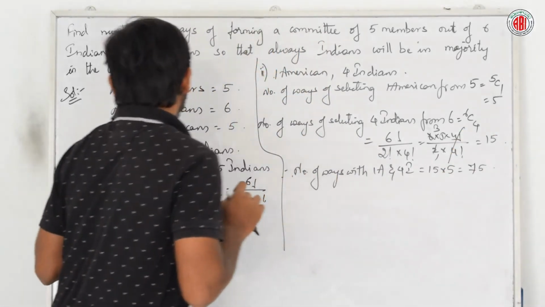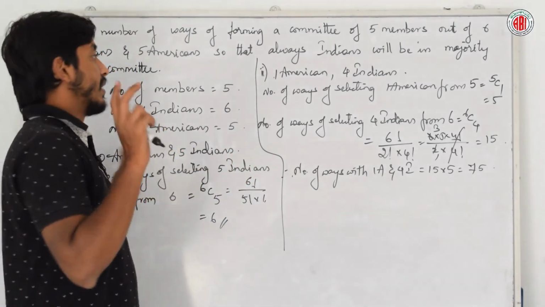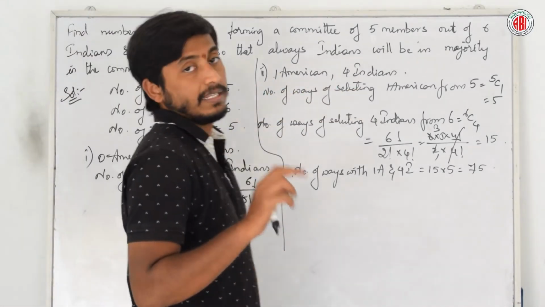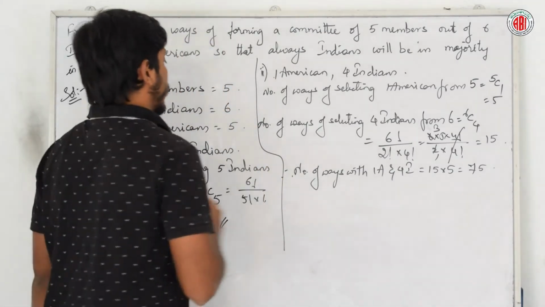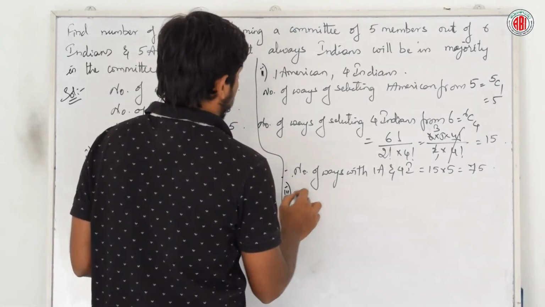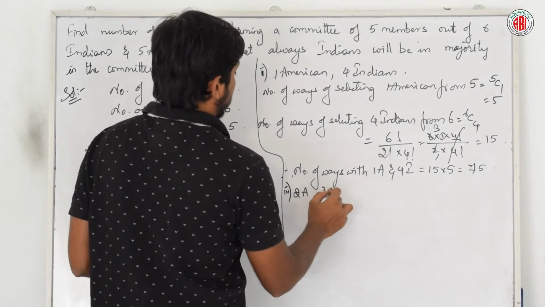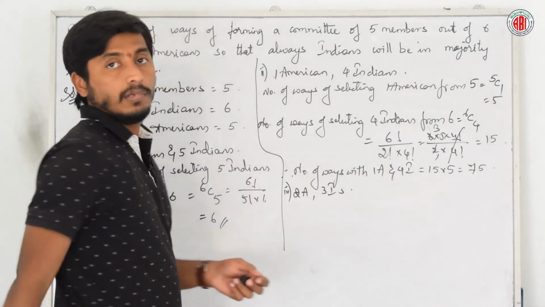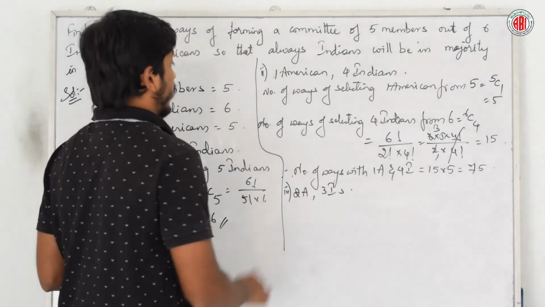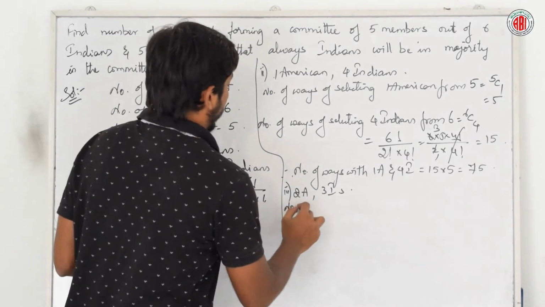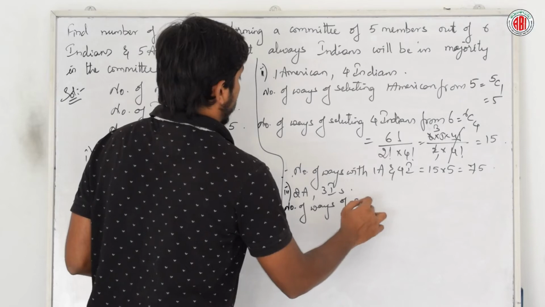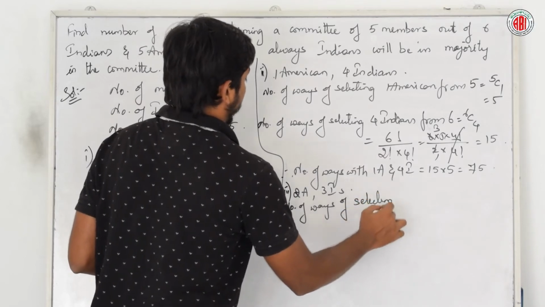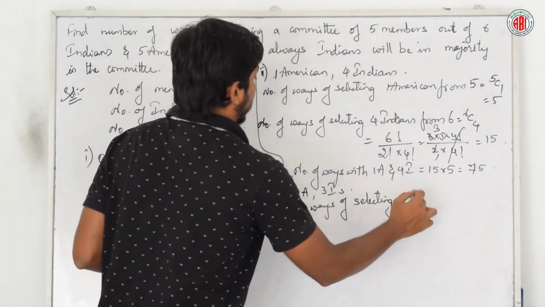2 cases are done. One is with no American, 5 Indians. Second case is 1 American, 4 Indians. Third case will be 2 Americans, 3 Indians. So, my third case will be 2 Americans, 3 Indians. Okay. So, number of ways of selecting 2 Americans.